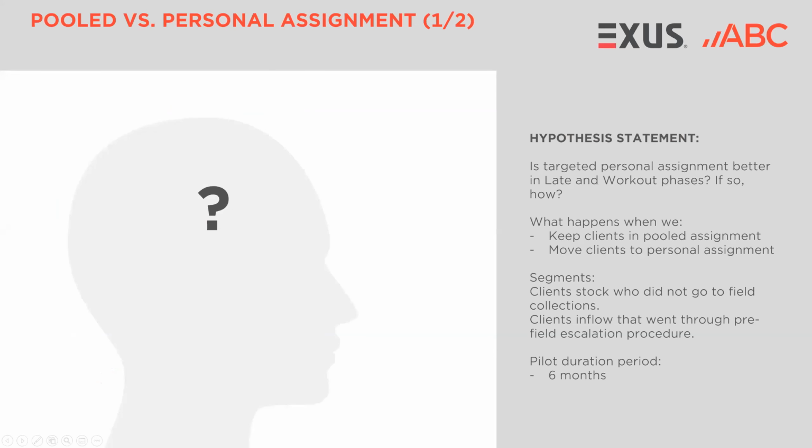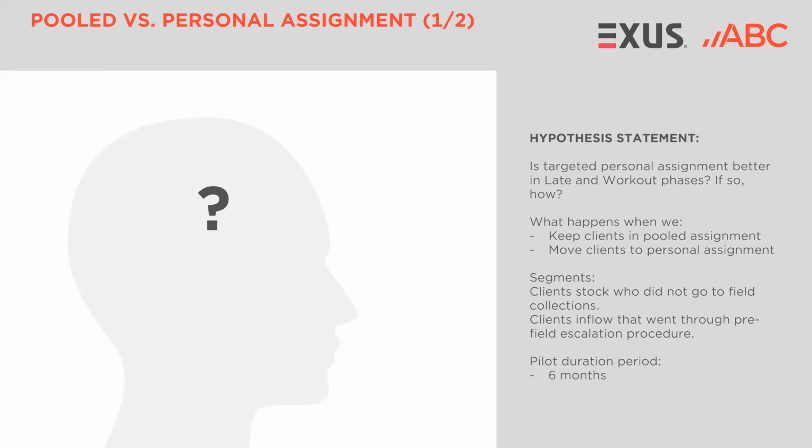Now, next case. Right now we have pool versus personal assignment. This was a very long project, it ran for 6 months. In that regard, we needed to check whether personal assignment without any kind of dialer, but with analysis and everything else, worked versus the call center.